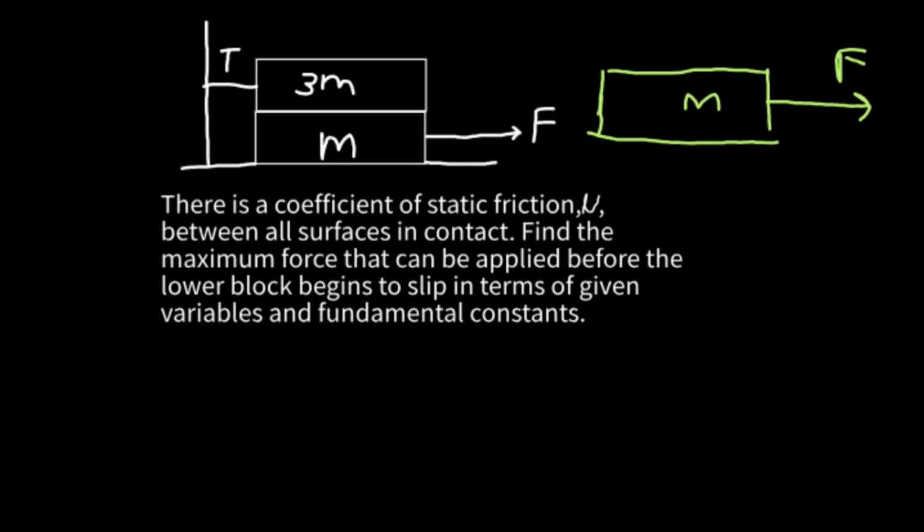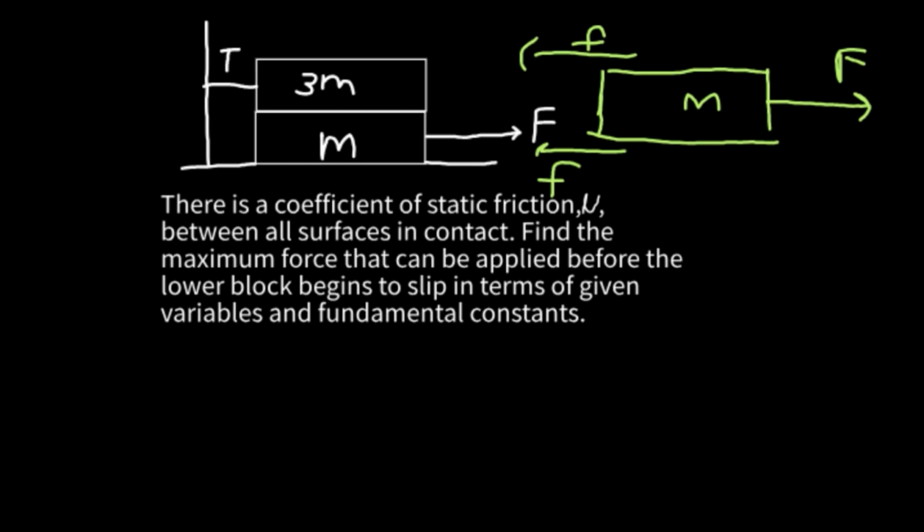If you were to then pull the block between those pieces of sandpaper, where would the forces of friction be pointing? Well, we know the bottom one is going to be opposite the direction of the force, and so will the top one. So this block is sandwiched between two forces of friction.